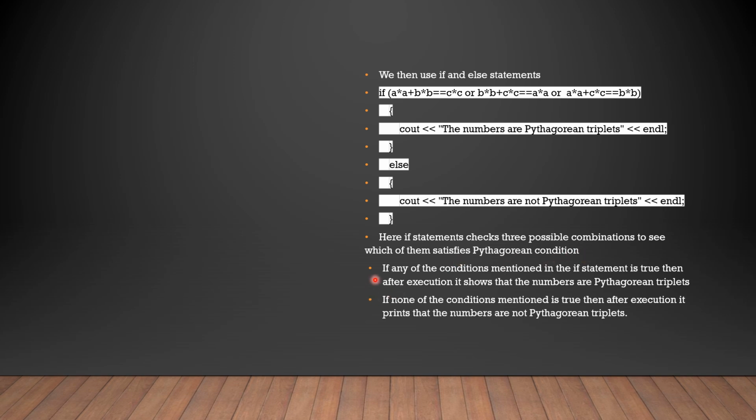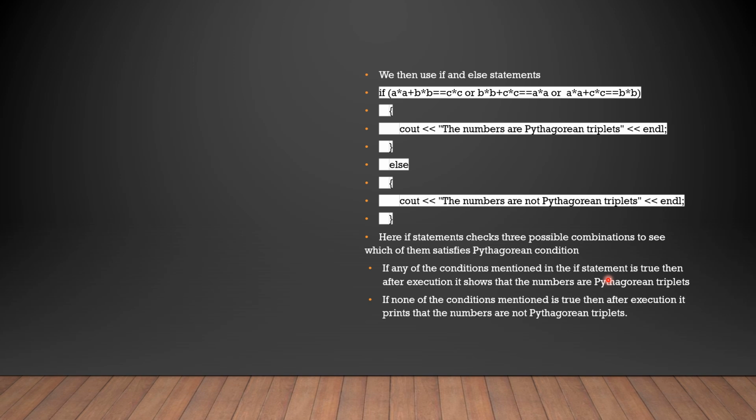If any of these conditions, this or this or this, is true, then after execution, it shows that the numbers are Pythagorean triplets. If none of the conditions mentioned is true, then after execution, it shows that they're not Pythagorean triplets, as we used the else condition here.